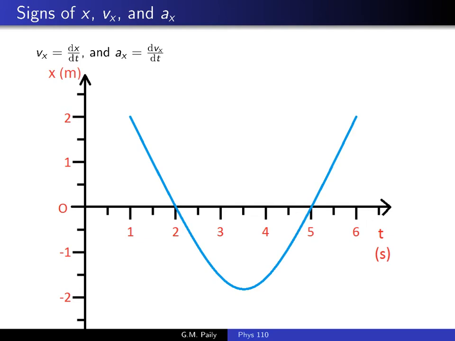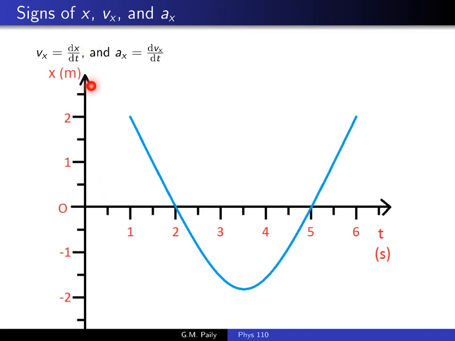We have said that Vx is dx over dt and ax is dvx over dt. In other words, it is a type of ratio. And in the case of an x versus t graph, we can think of it as a slope. After all, slope is rise over run, or change in the y-axis quantity divided by change in the x-axis quantity.